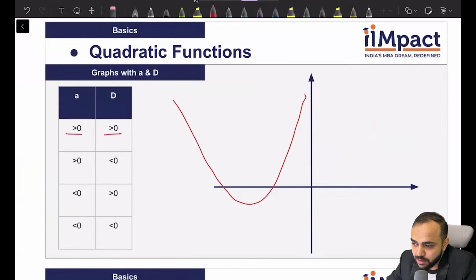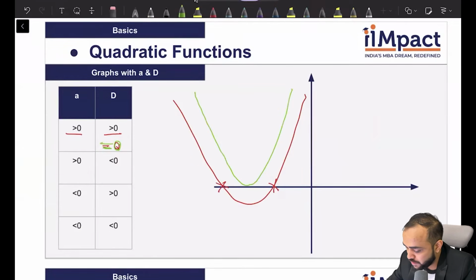Your parabola will be facing upwards and your discriminant is greater than 0, which means you will intersect the x-axis 2 times. If the discriminant was equal to 0, what would you have done? You would have just touched, which would have meant that you have only one root. The one root that you have is getting repeated.